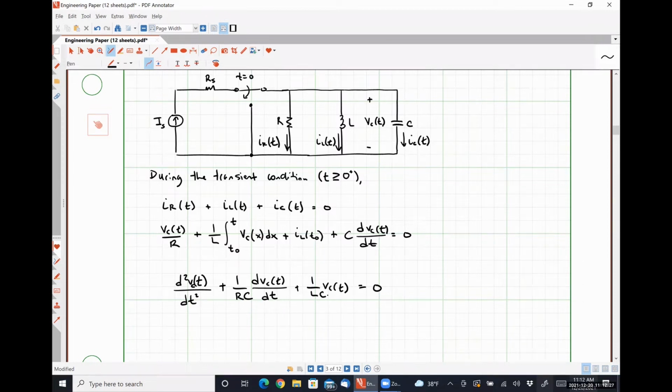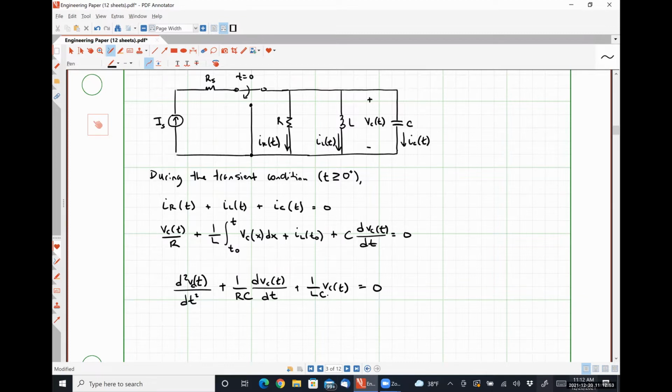So because not all of you have had Math 245, we are going to make an educated guess as to what our capacitor voltage waveform VC of T should be. And we're going to use the exact same educated guess that we used in Engineering 221. So I say that in my previous experience, it seemed like it was an exponential response.